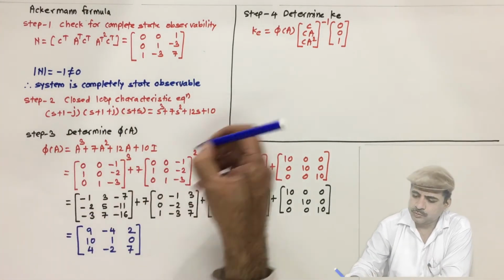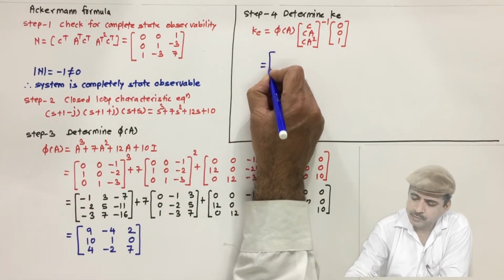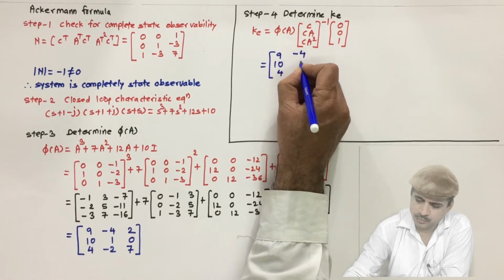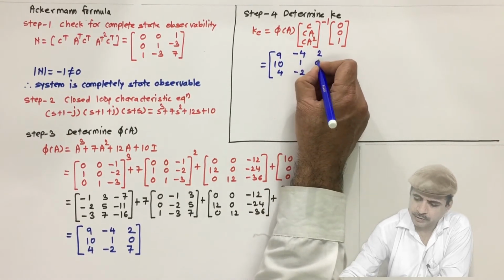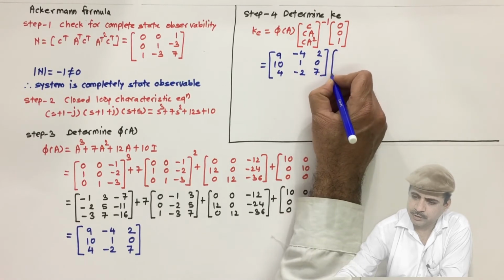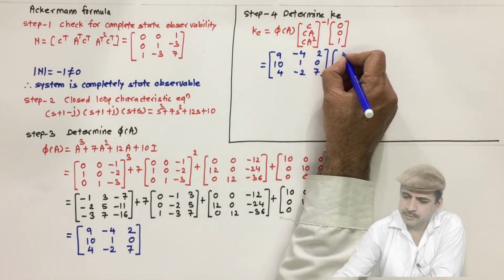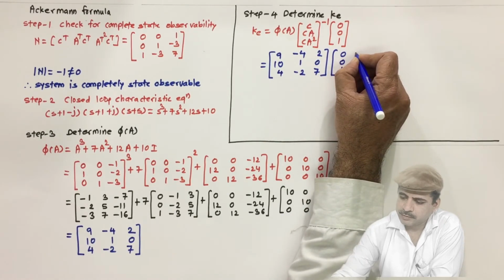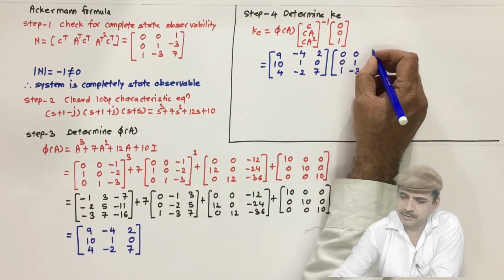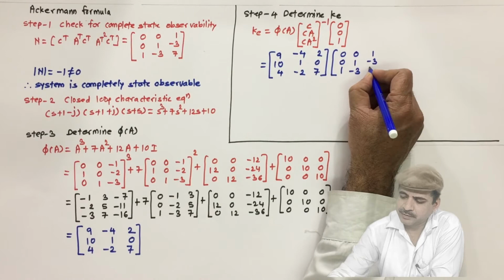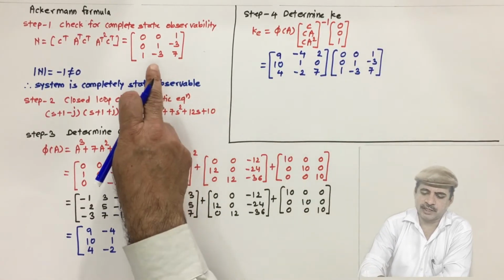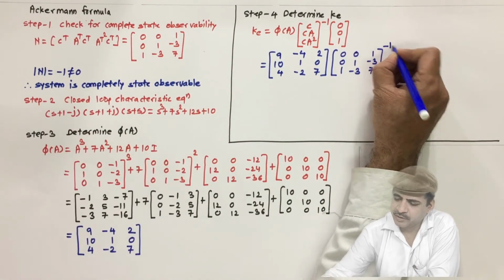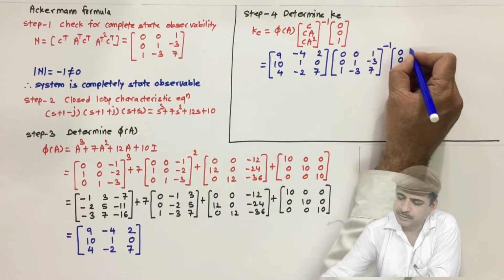So it is equal to 9 minus 4 2, 10 1 0, 4 minus 2 7 into the inverse of 0 0 1, 0 1 minus 3, 1 minus 3 7. It is the transpose of this matrix, and the transpose of this matrix is the same as this matrix in this case. Inverse into 0 0 1.